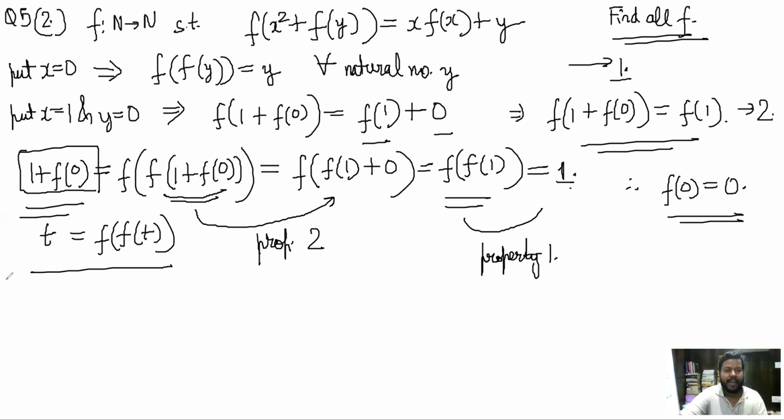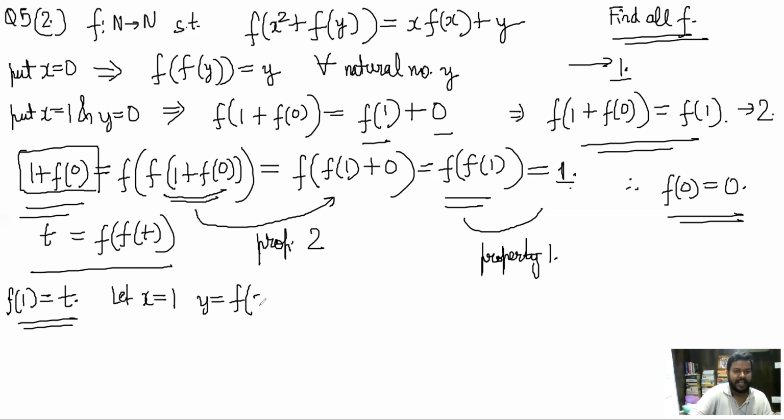Now let's assume f of 1 is some t. F of 1 is some t. I don't know the value of f of 1. So f of 1 is t, and let's say x is equal to 1 and y is equal to f of some z. Z belongs to natural numbers. Okay.